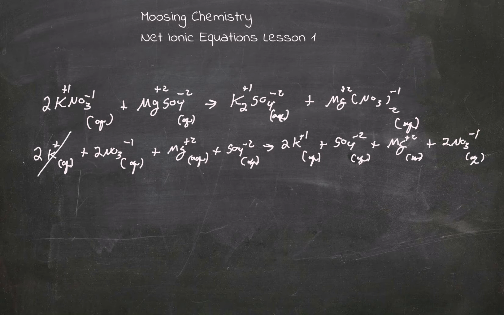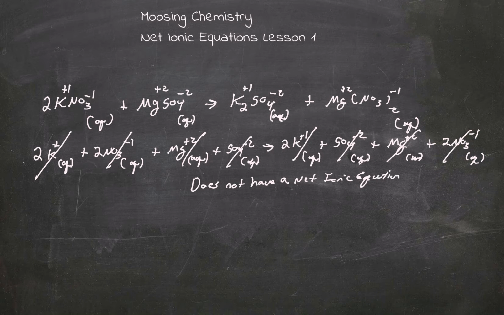Let's see, the Ks don't change, they're spectators. The nitrates don't change, they're spectators. The magnesiums don't change, they're spectators. And the sulfate ions don't change, they're spectators. So this does not have a net ionic equation. That's really kind of cool.